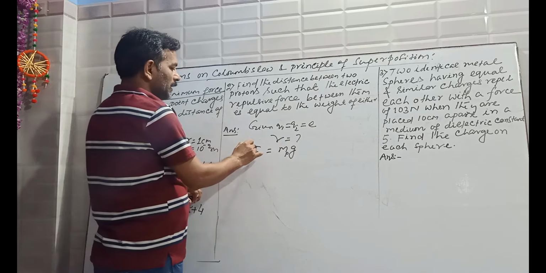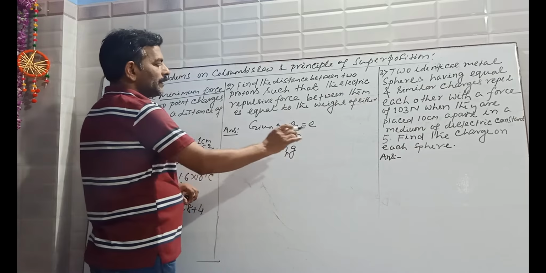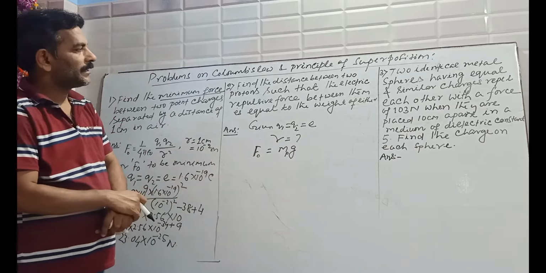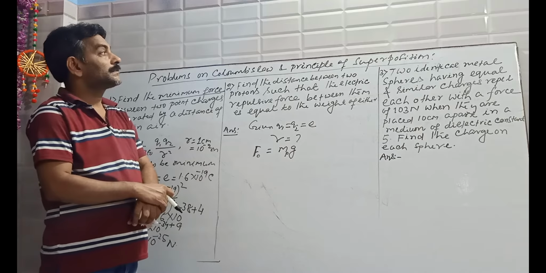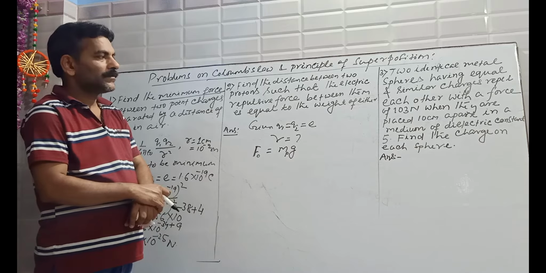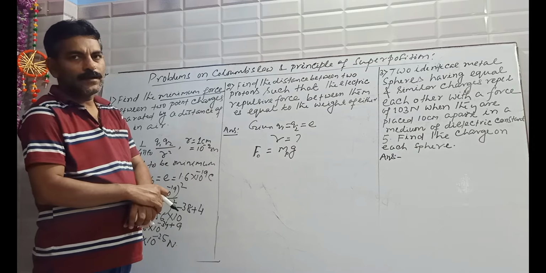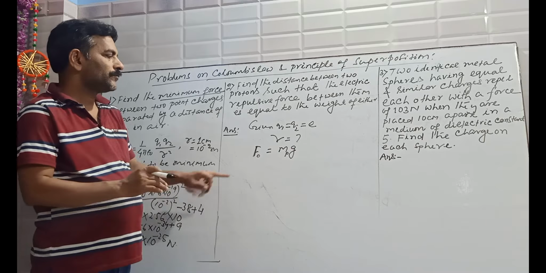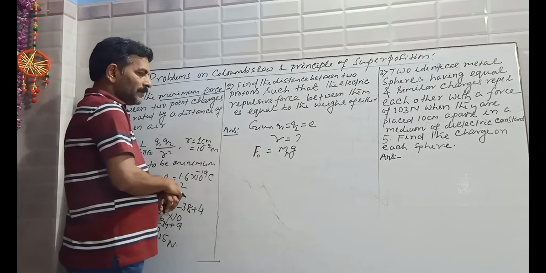The distance between two protons is such that the electric repulsive force between them is equal to the weight of either proton. So force is equivalent to weight of each proton.